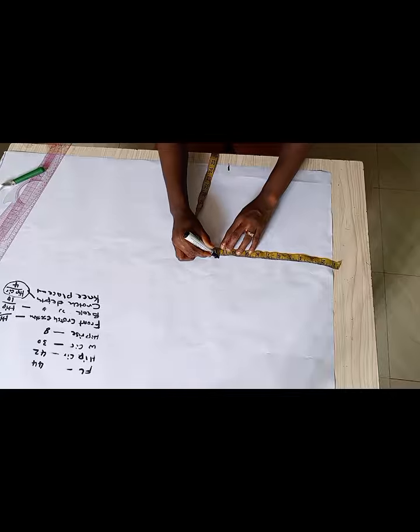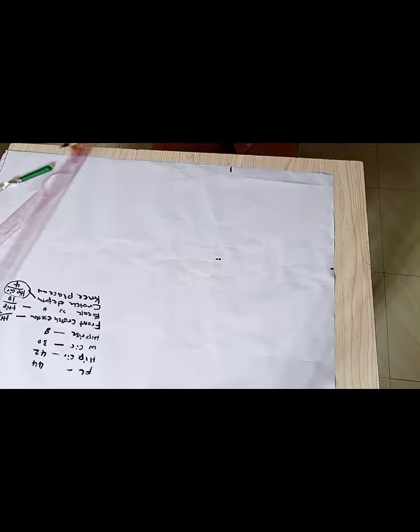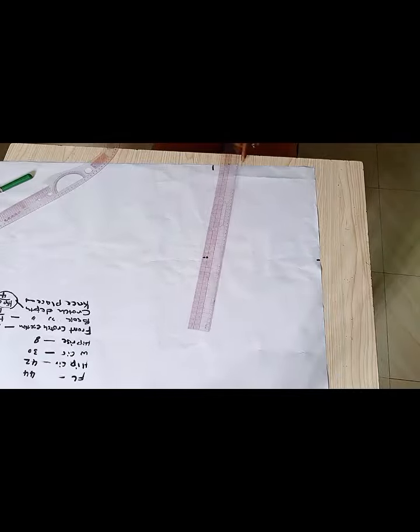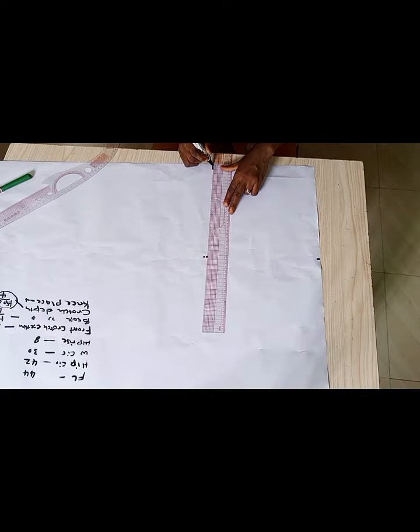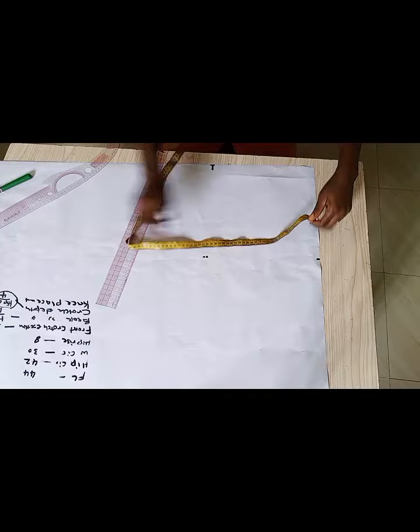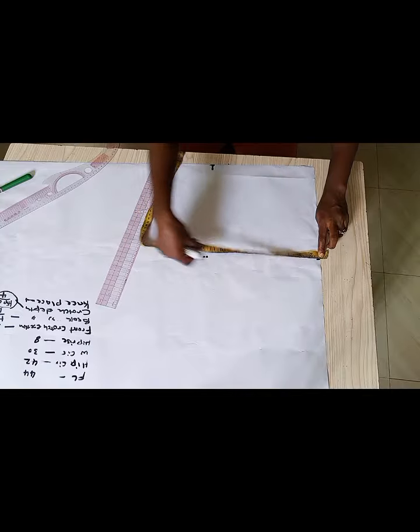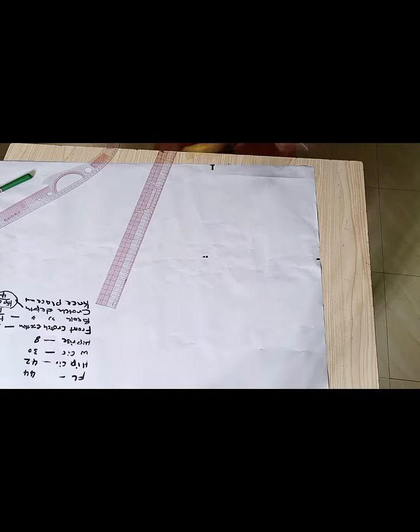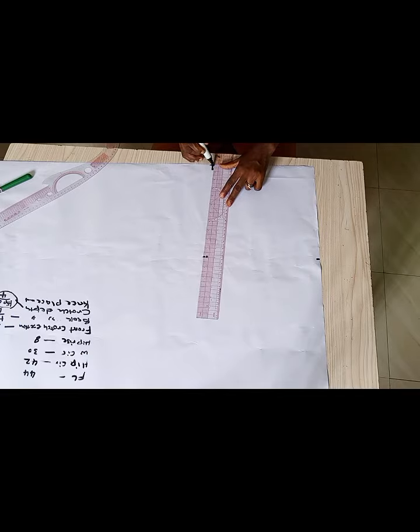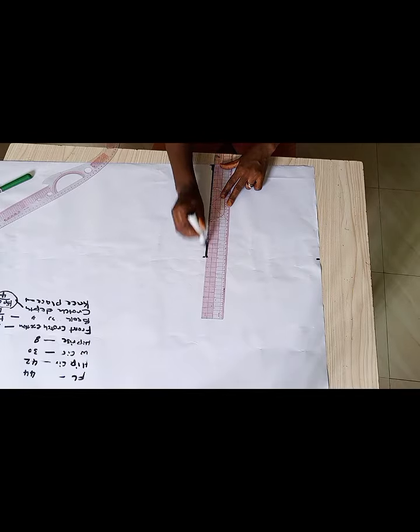So I have marked 10.5 in 4 corners, and I will be linking them with a straight line to give me the square.